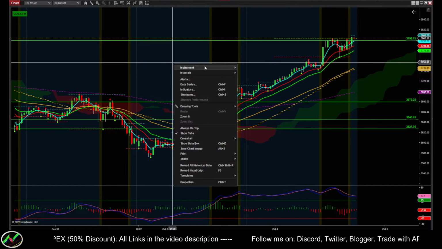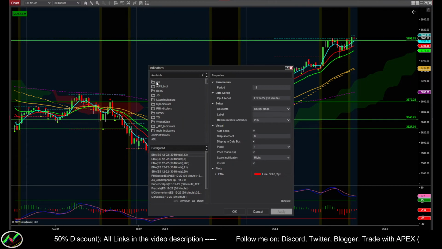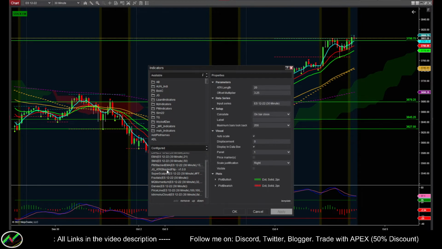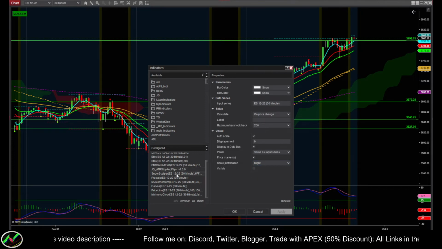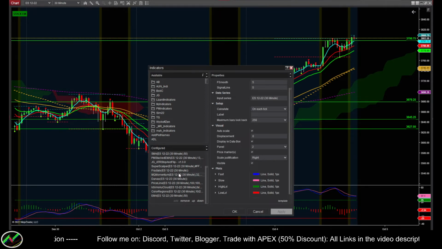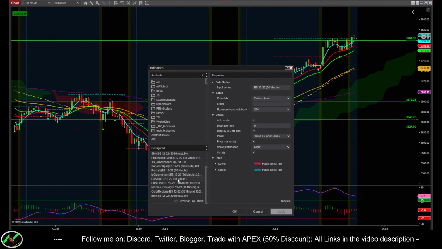So let me see if I have any other indicator here. Stack EMA. ATR stop, I don't use it anymore, so I don't have it on. Super scalper, fractals, no, I don't use them. MQ momentum, and I use the Darvas actually.